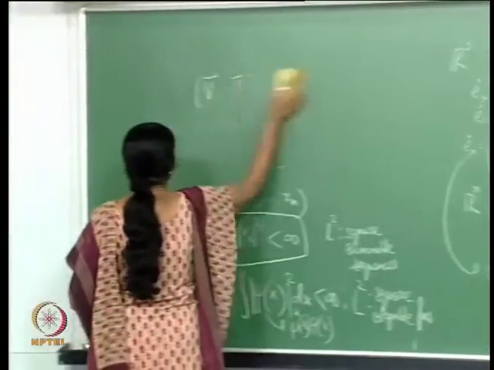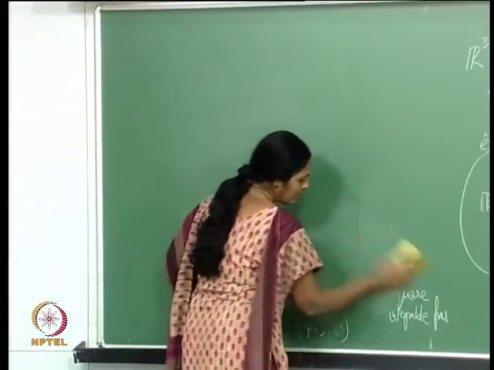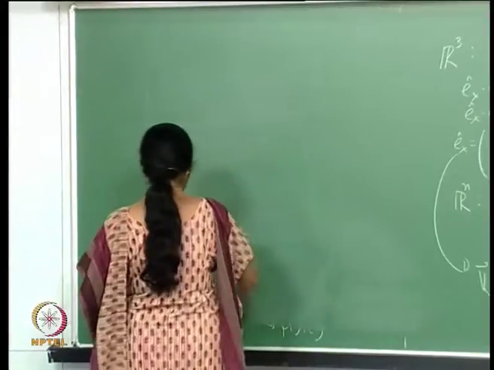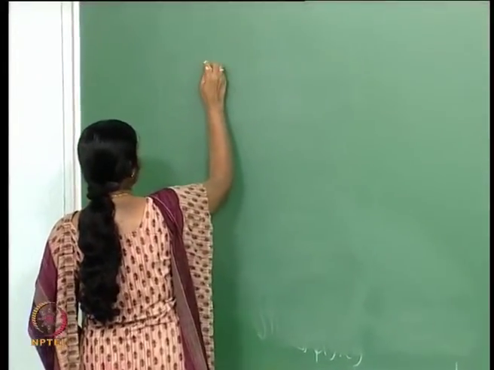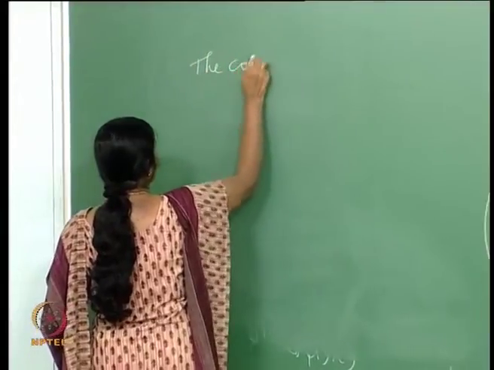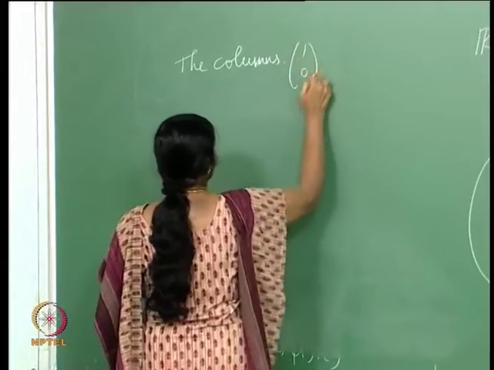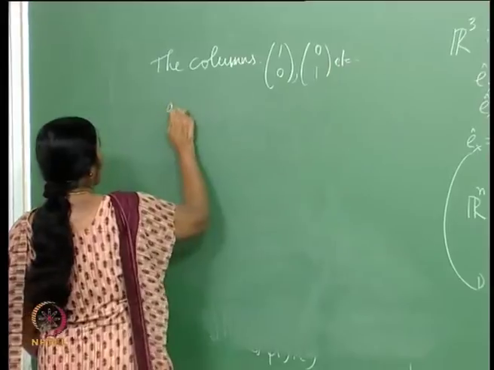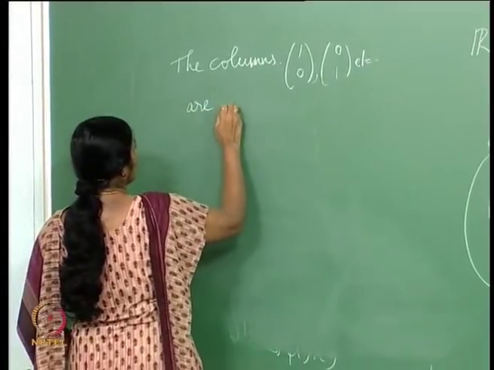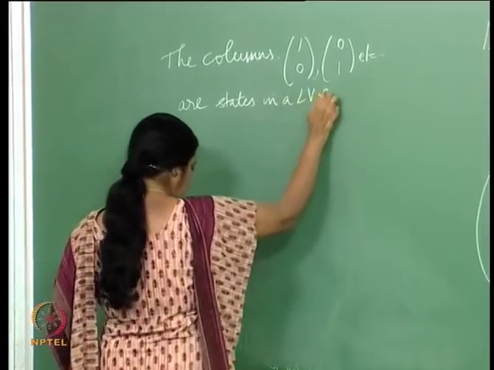So, this brings us to the definition of dual spaces, the dual of a linear vector space. In our example, for instance, the columns 1 0, 0 1 etc. are states in a linear vector space, are examples of states.